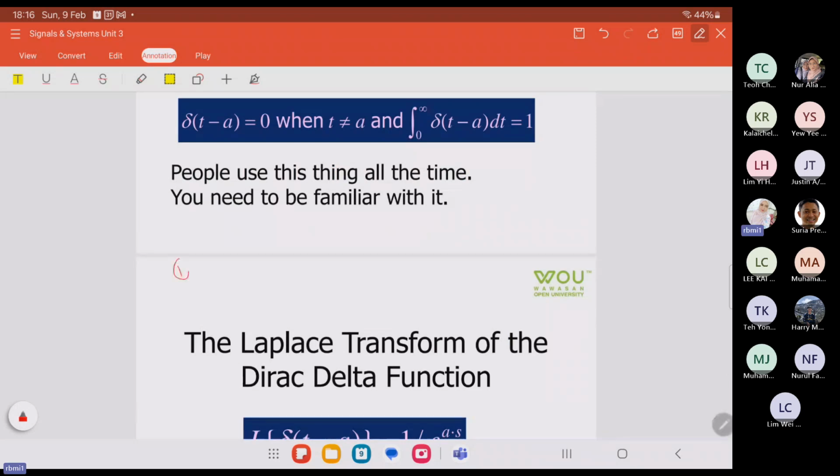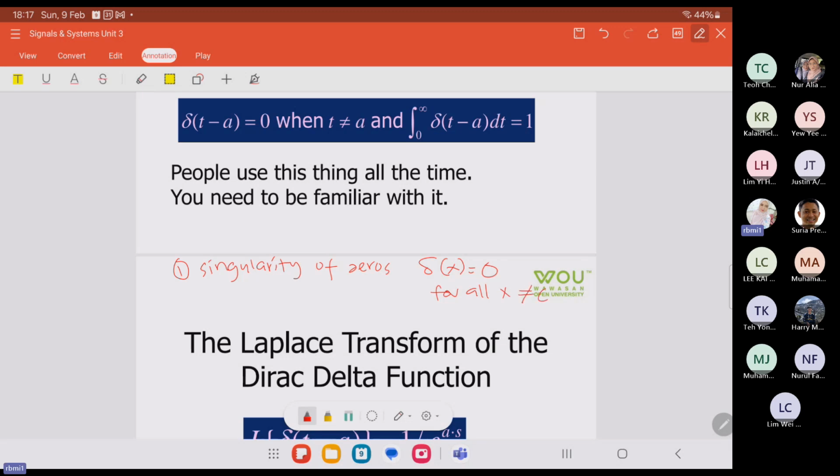Singularity of zero. We have zero for all x not equal to zero.